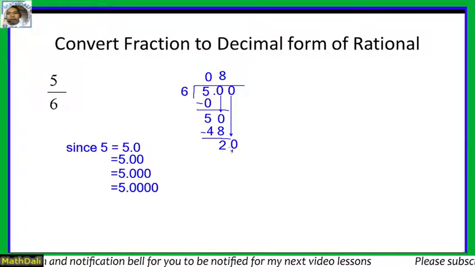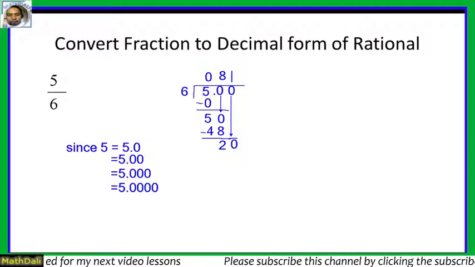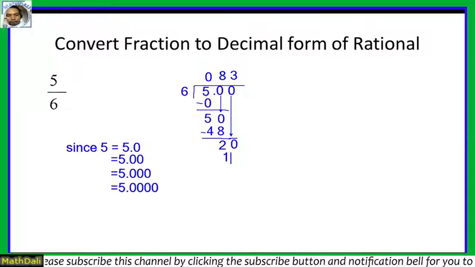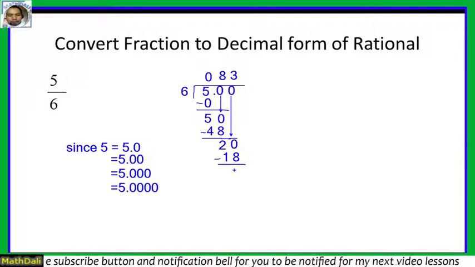Okay, 20. Divide natin yan sa 6. That will be equal to 3. Yan, lagay natin dito sa tapat. 3 times 6, that is equal to 18. Yan. Then, again, subtract ulit natin. 20 minus 18, that is equal to 2.